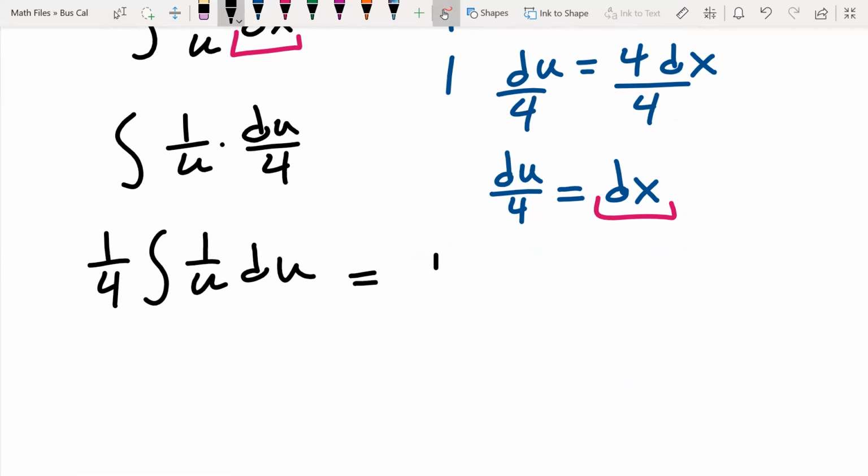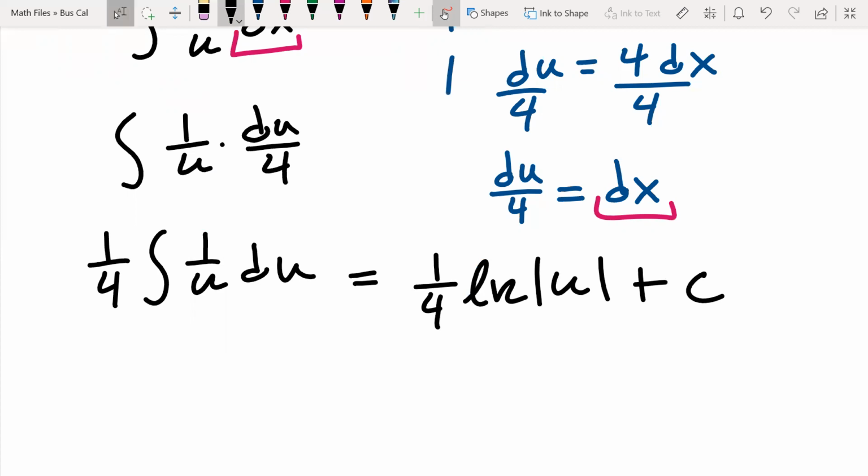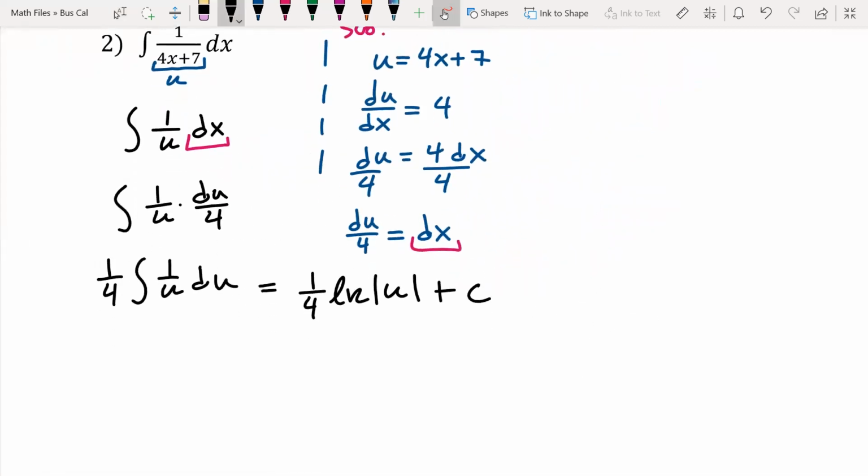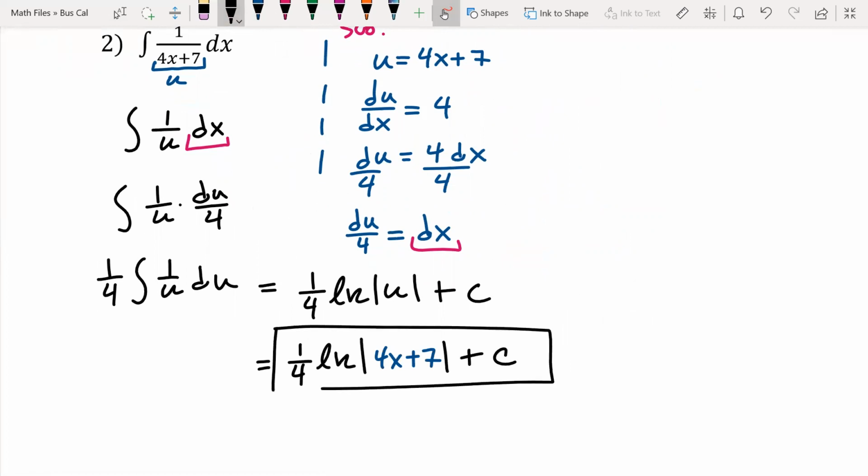So this will become 1/4 natural log absolute value of u plus c. And all we have left to do is plug in what u was. So you get 1/4 times the natural log of the absolute value of 4x plus 7 plus c. There it is.